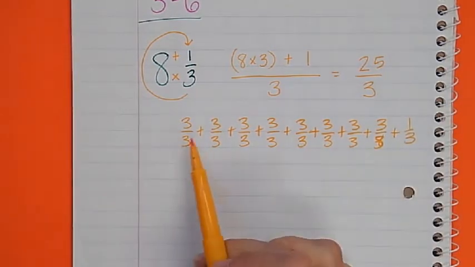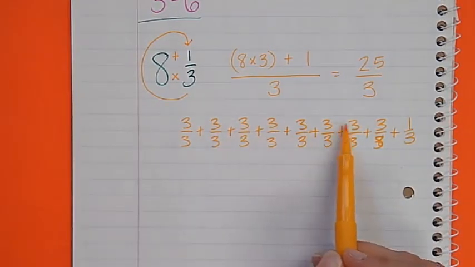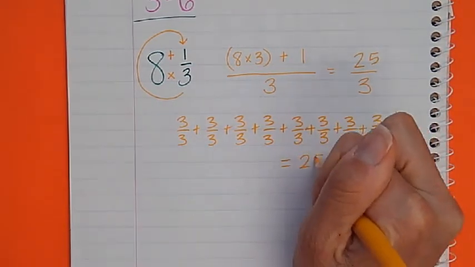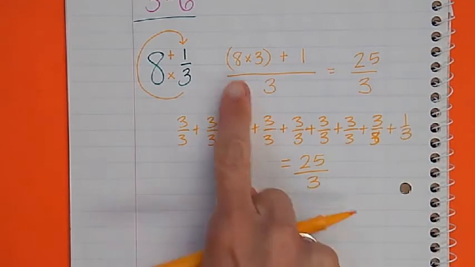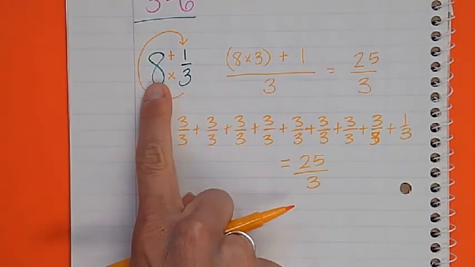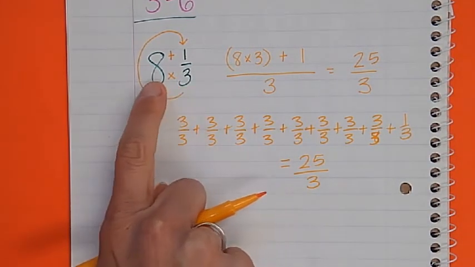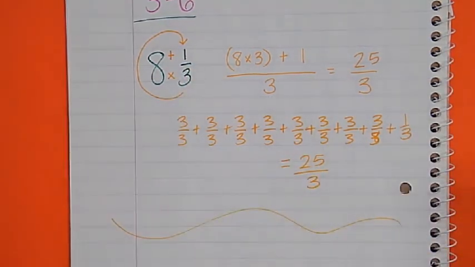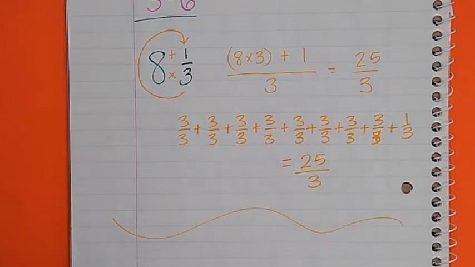And if we added that all up, 8 threes is 24, plus 1 is 25. So this is why we're able to multiply the 8 times 3, because we're saying there's 3 pieces in each of these 8 wholes plus 1. So that's one example of how to do that.